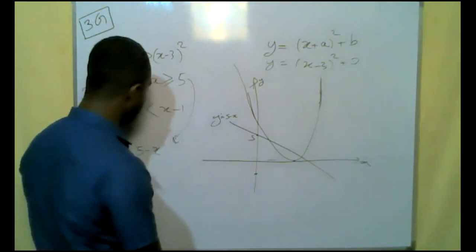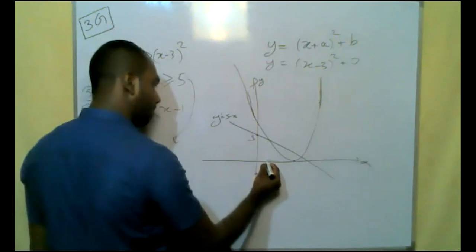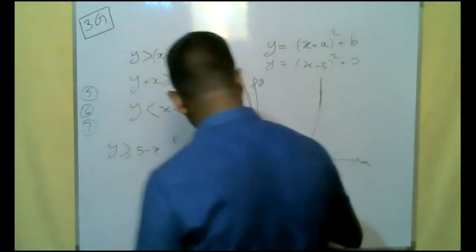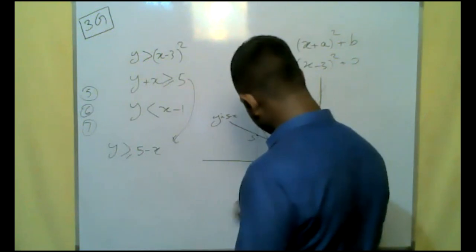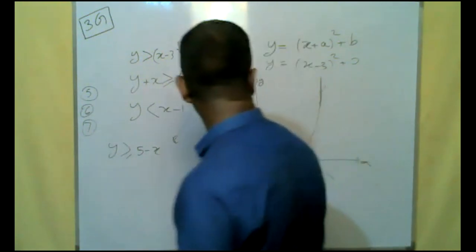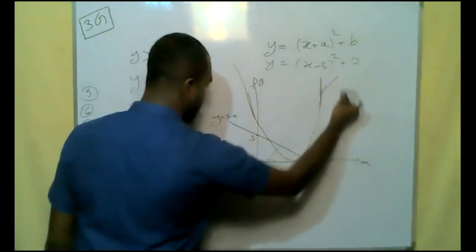Minus 1 here. When y is 0, x should be 1. Okay, 3 lines will look like this.